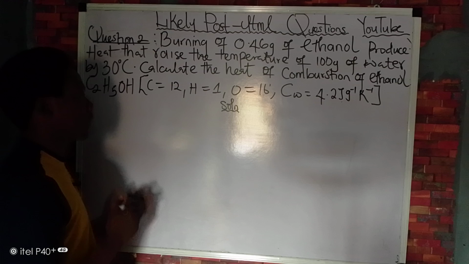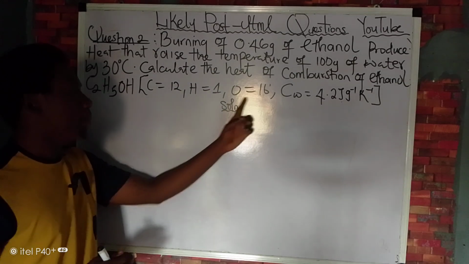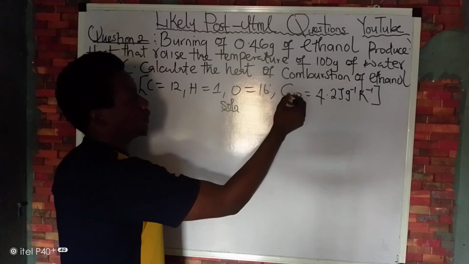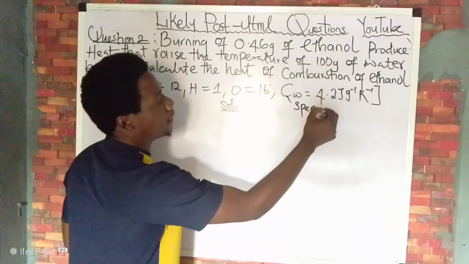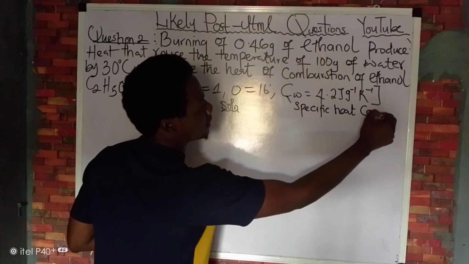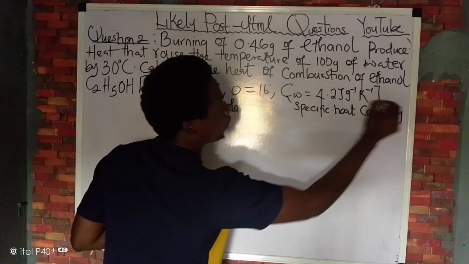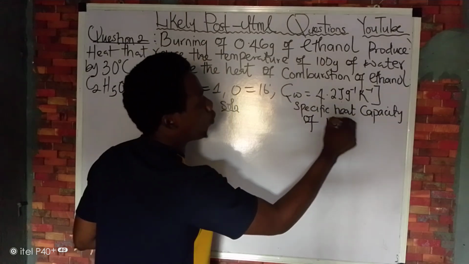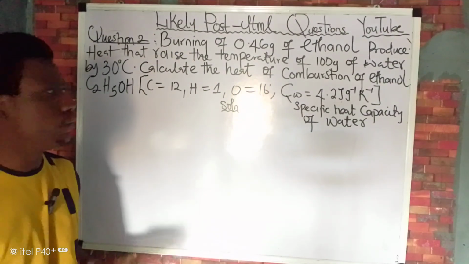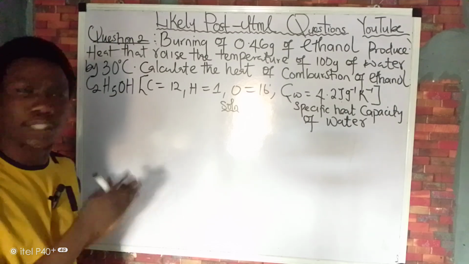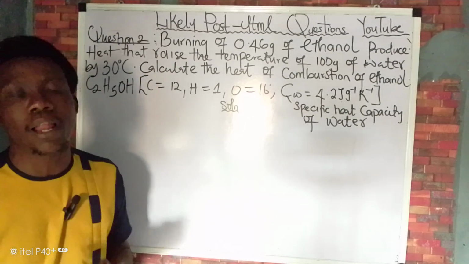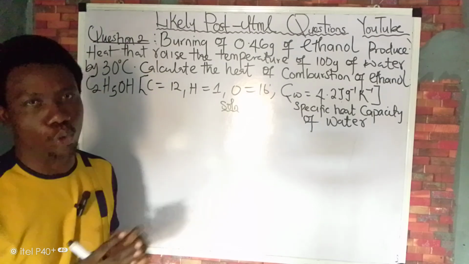This is the mass of carbon, mass of hydrogen, mass of oxygen, and specific heat capacity of water. So what do we have to do to solve this question? Very easy. What is the formula for heat of combustion? The formula is the same as the formula for heat of solution.